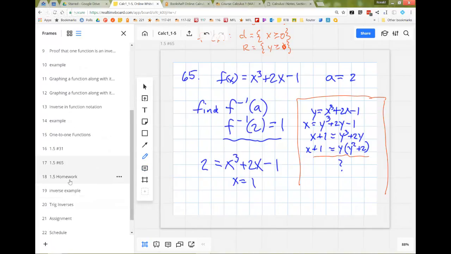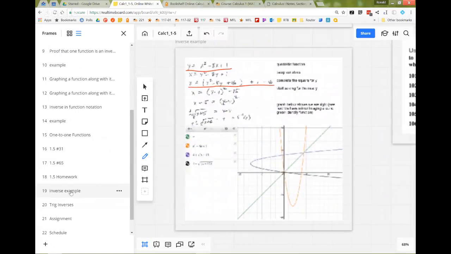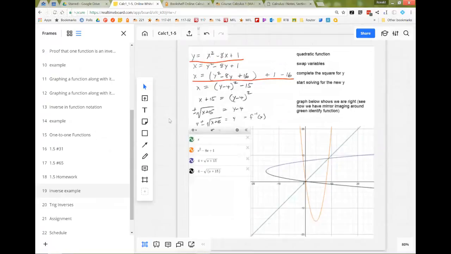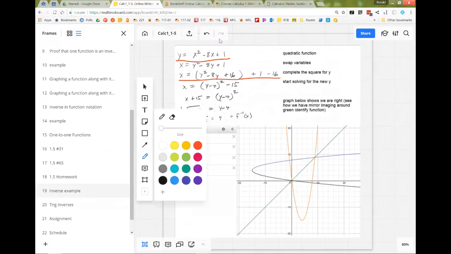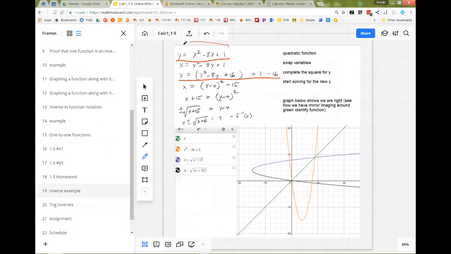Yeah, I just wanted to show you this one. It's just another example of a parabola where when you find the inverse, you get... the original function's up here at the top, and here's where I got the inverse.